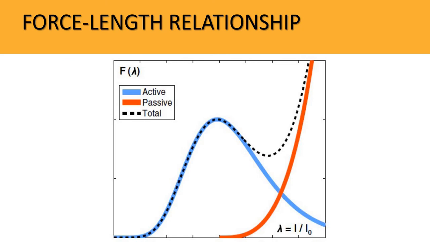And by resting position we mean the length that the muscle is at for the majority of the time throughout the day. Up the y-axis we measure force, and on the x-axis we measure the length of the muscle.